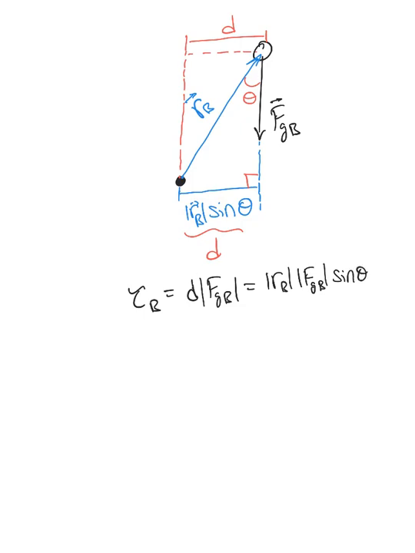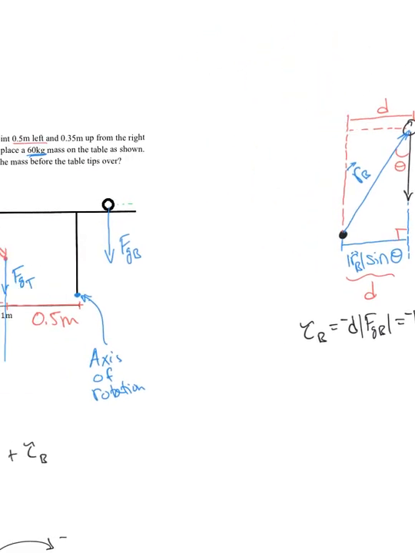And our sine of theta times the radius of the ball magnitude is simply the distance d that we are looking for. And because this torque is attempting to rotate us in the clockwise direction, this is a negative torque. We have to manually insert that minus sign because we can see the direction that the torque is attempting to rotate the table.